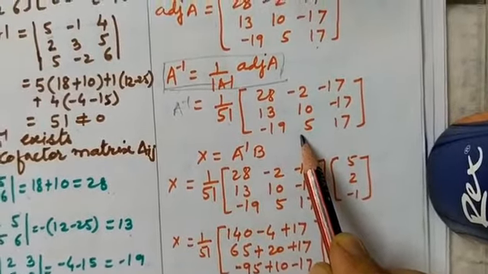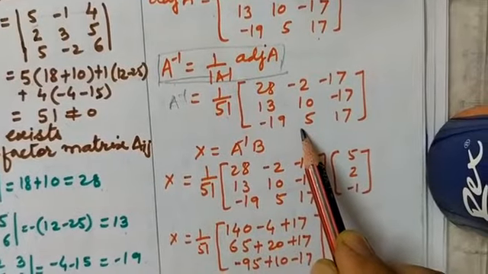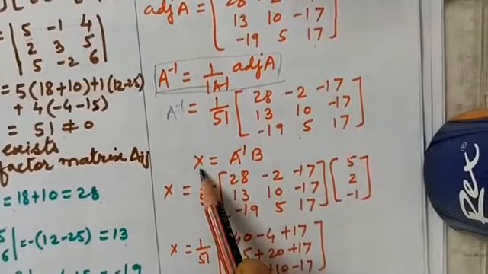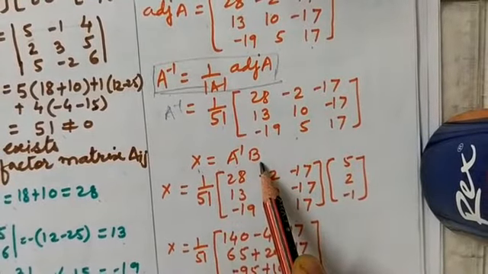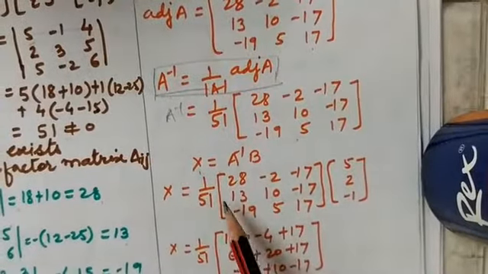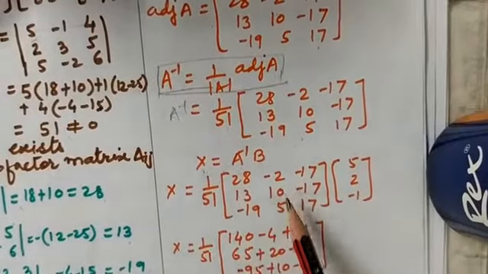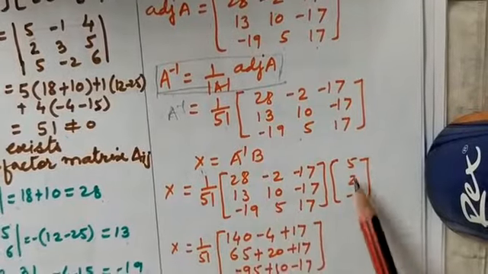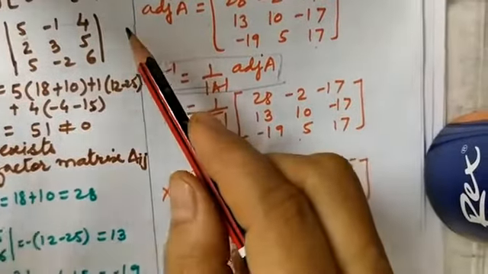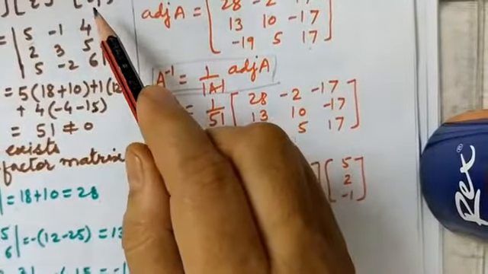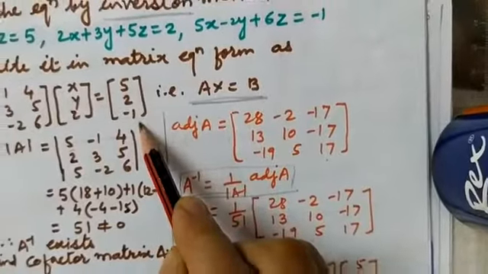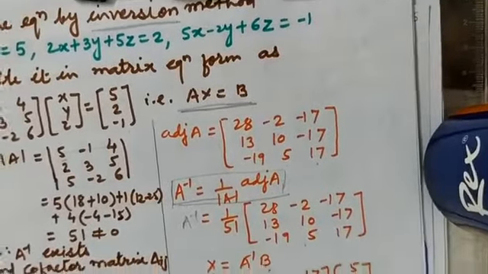So for finding out the values of these variables x, y, z, we use this equation: X is equal to A inverse into B. See, A inverse we found out here, right? In this step, 1 by 51, these elements you see, write down these elements and multiply by B. B matrix means the matrix of constants, that is, the elements 5, 2, minus 1, same as given here.